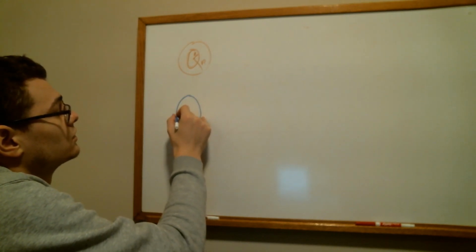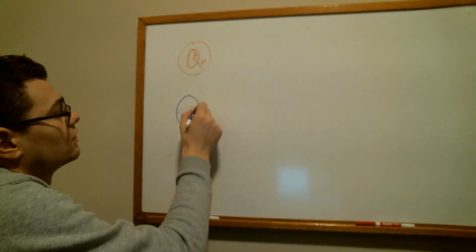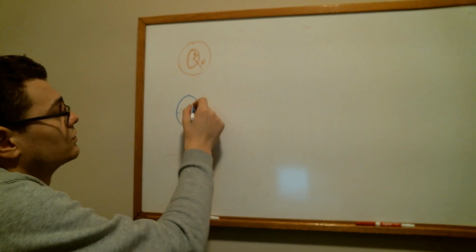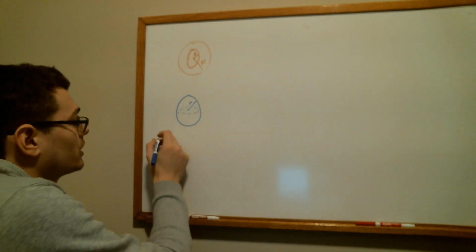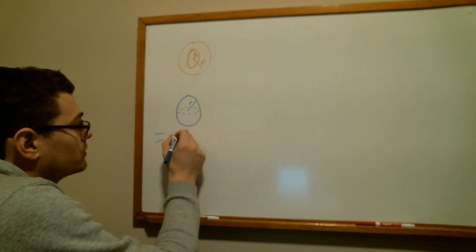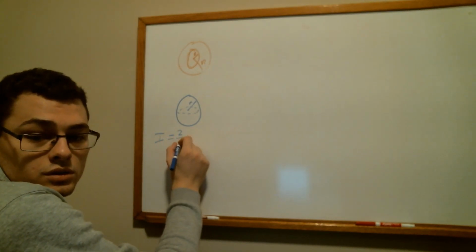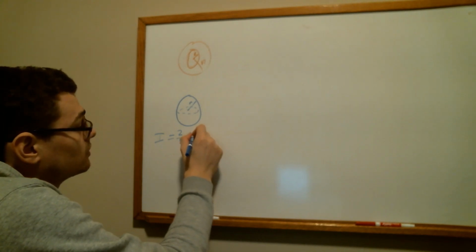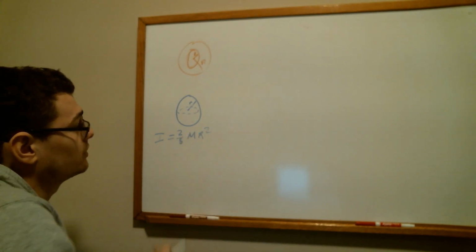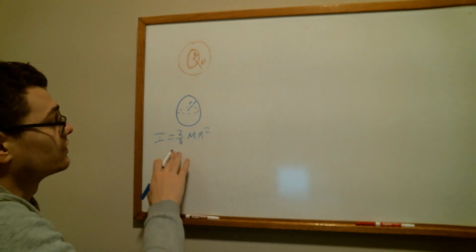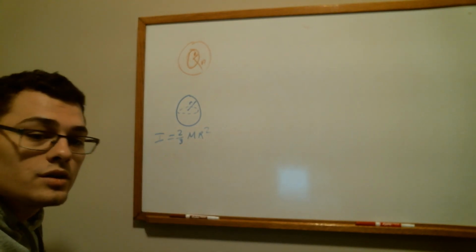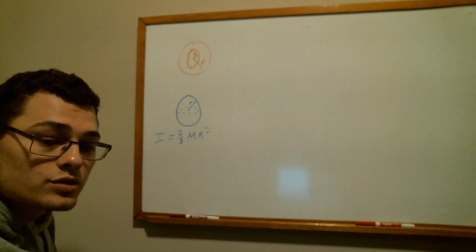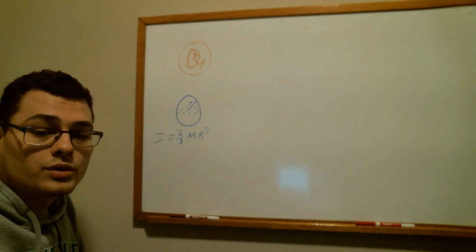For a solid sphere here with radius r, we're going to have an I equal to 2/5 m r squared. And now if we make the sphere hollow, this 5 turns into a 3. So these are all useful formulas that you should be including on your equation sheet here.